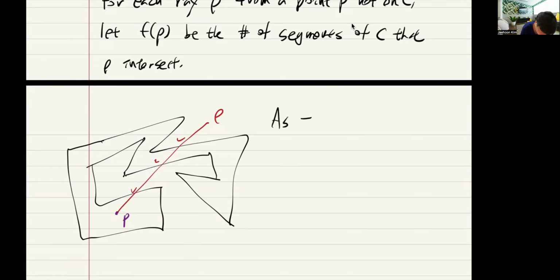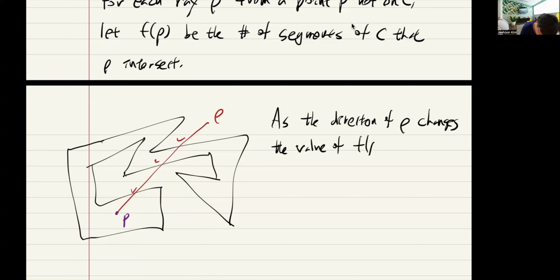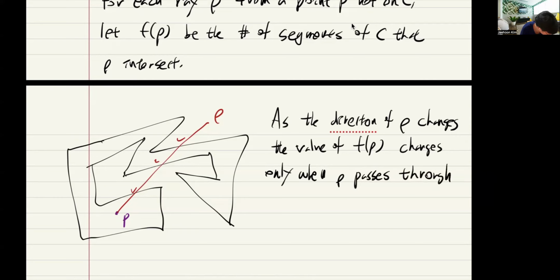if you change the direction, then you can check how this value of f of rho changes. It changes only when the ray passes through an endpoint of a segment.